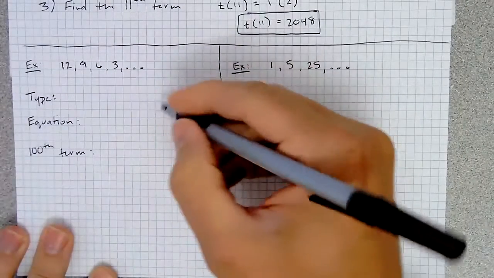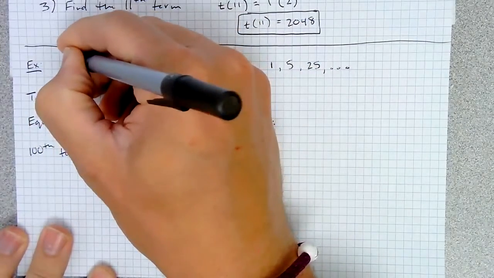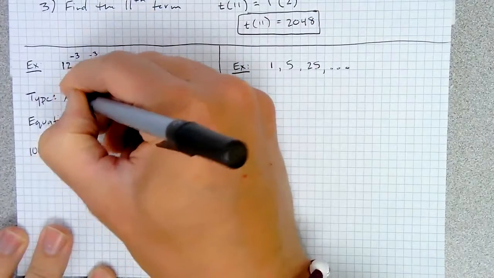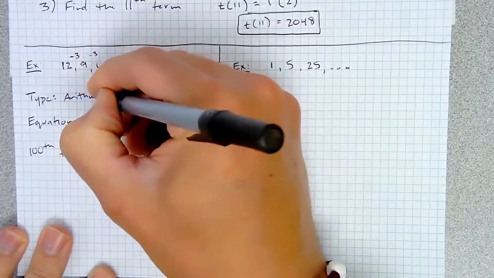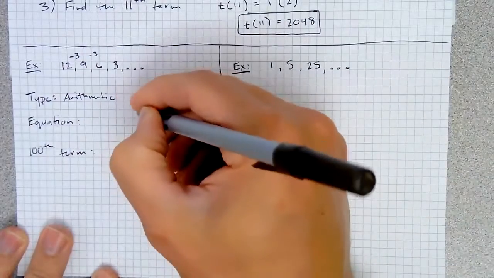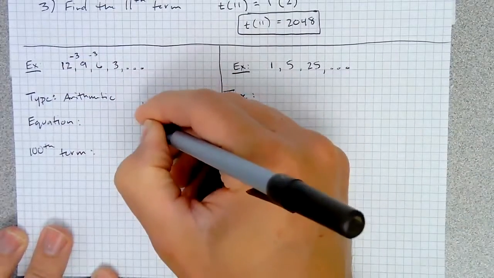All right, so first one, a little bit different here because we are not adding 3, but we are subtracting 3 to go from one term to the next. Still arithmetic. Our D value is -3.